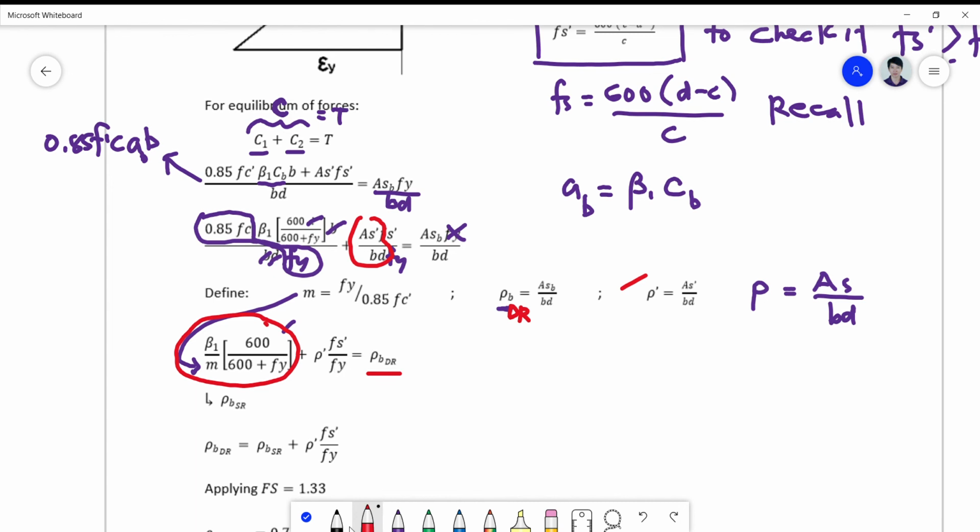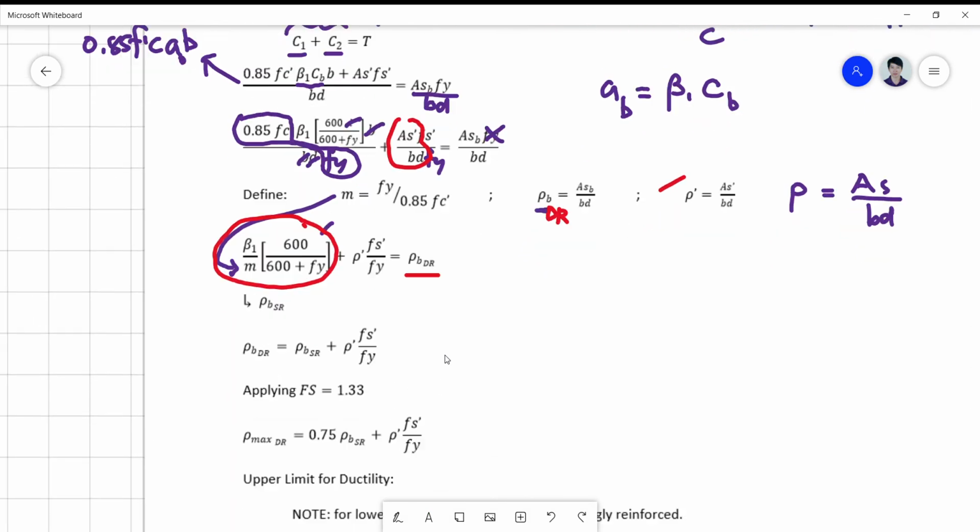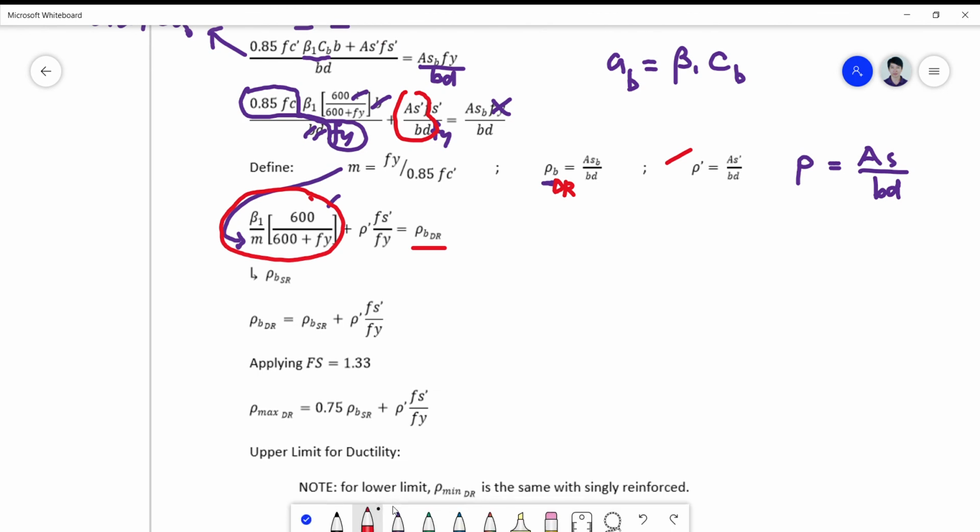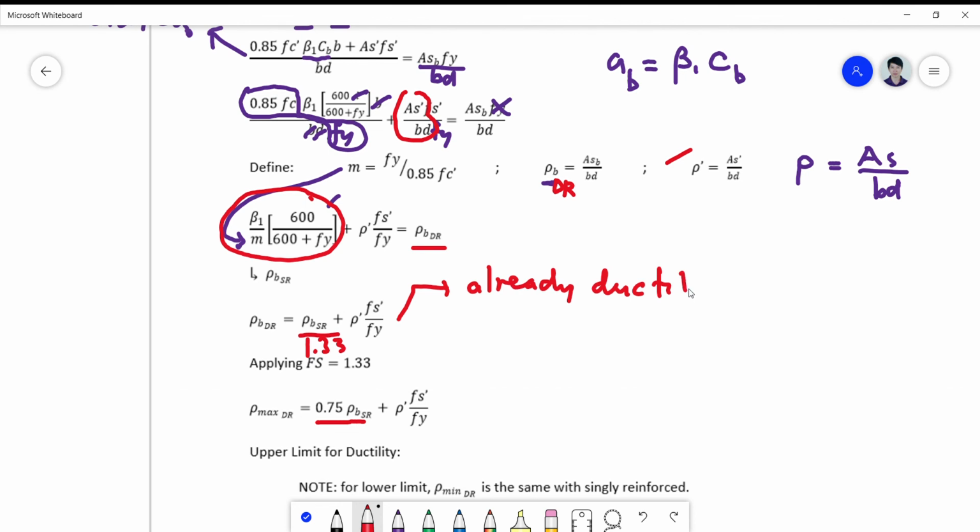So if we apply now factor of safety just the same of 1.33, we divide this by 1.33 and we come up with a 0.75 rho b there. Okay, plus this one. So with this we do not divide because this is already ductile. Steel is already ductile, so we don't have to make it more ductile.